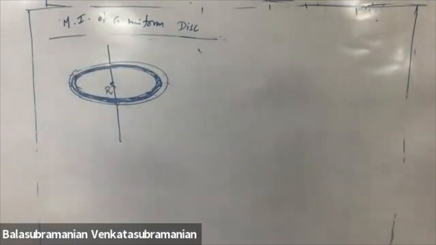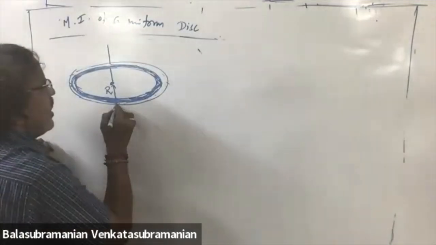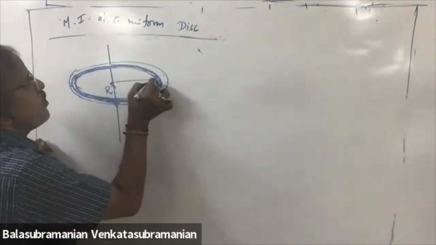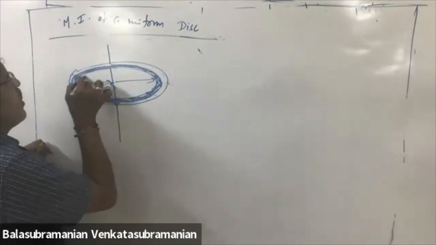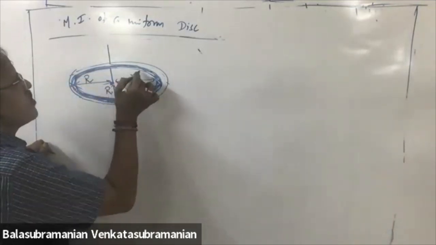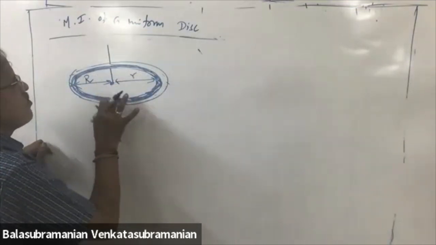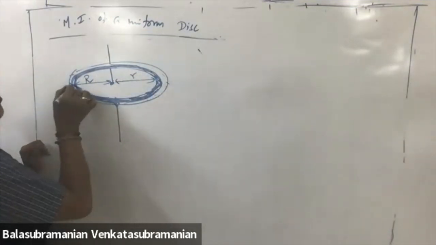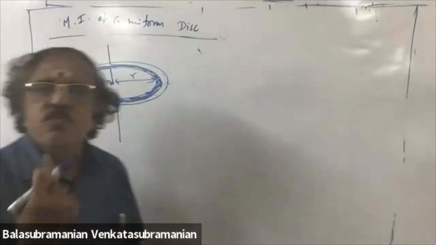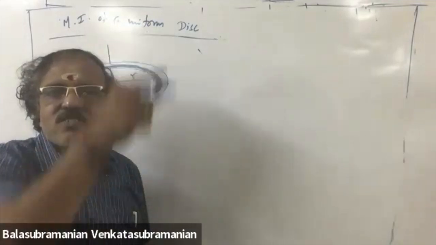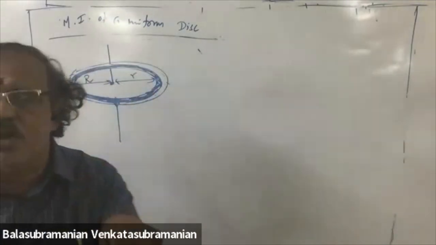That small portion, total radius is capital R. Small portion distance from the axis of rotation, you take it as small r.